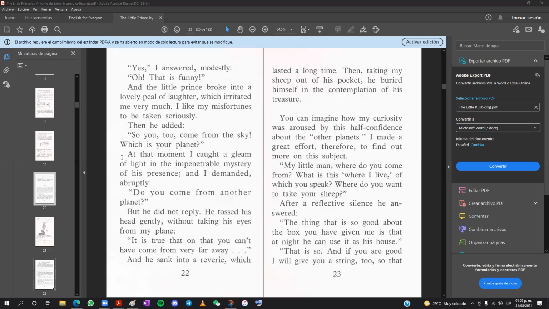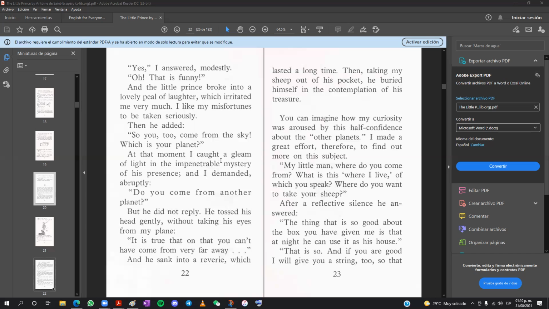Ujú. Which or which? Which, con CH, es cuál. Ujú. Ujú. Which Ajá, is your planet? Ajá, sigue. That moment, I got Caught. ¿cómo? I caught. I Caught.